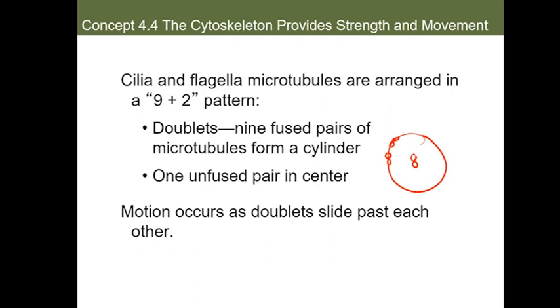Motion occurs as doublets slide past each other. So these tubules, some can be up and some can be down, and this causes it to bend in the direction that the longer one is.